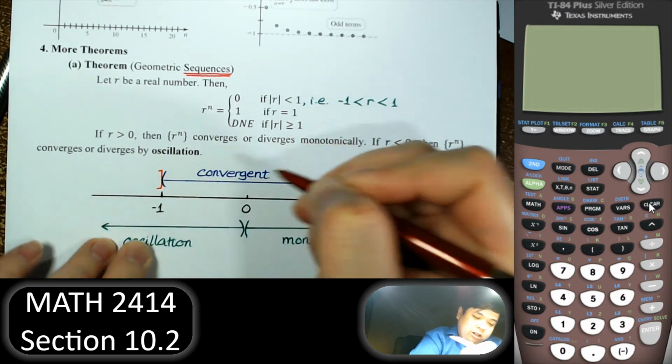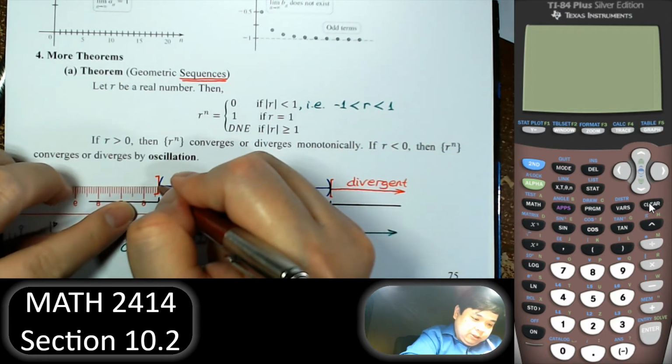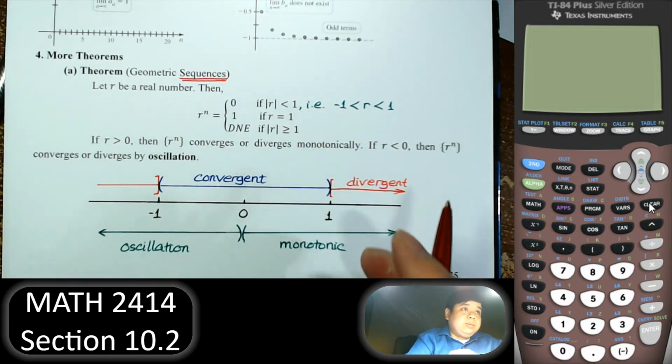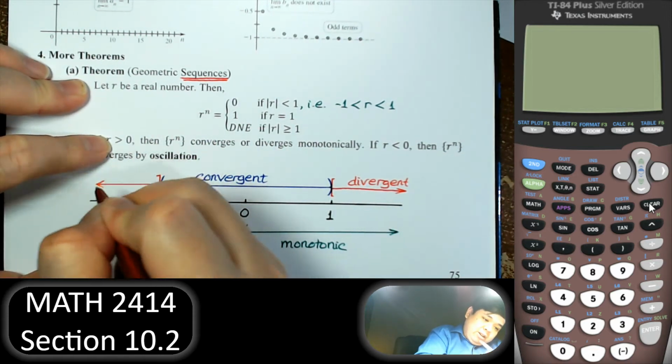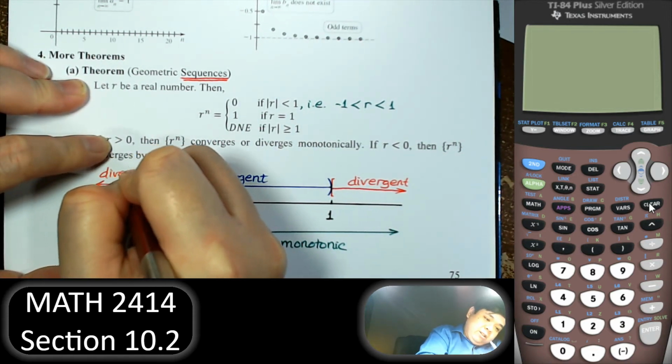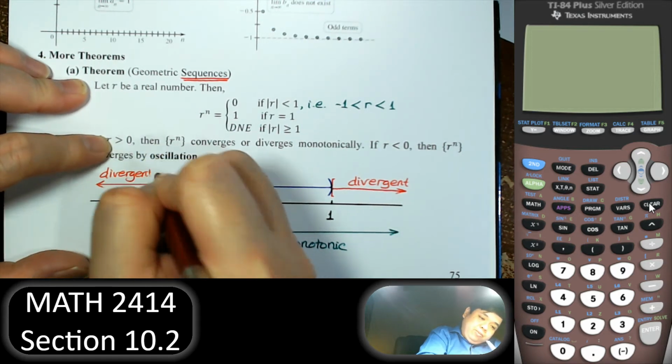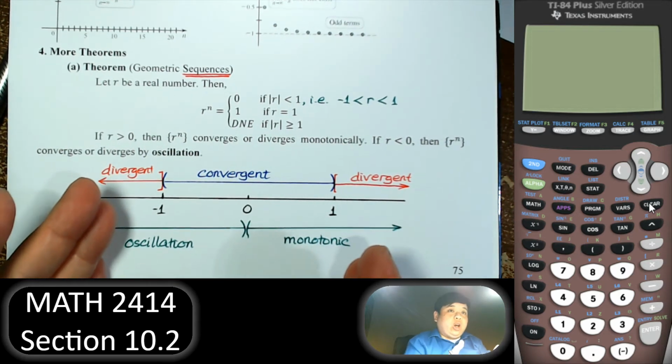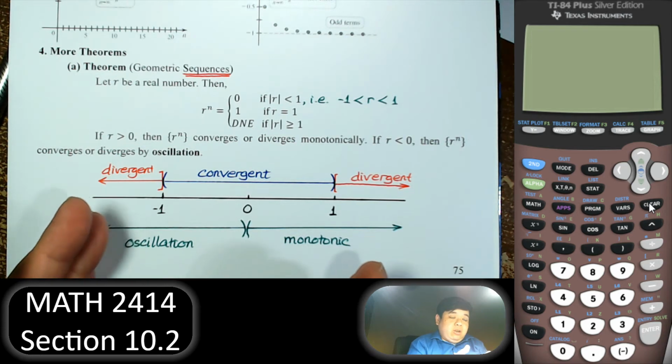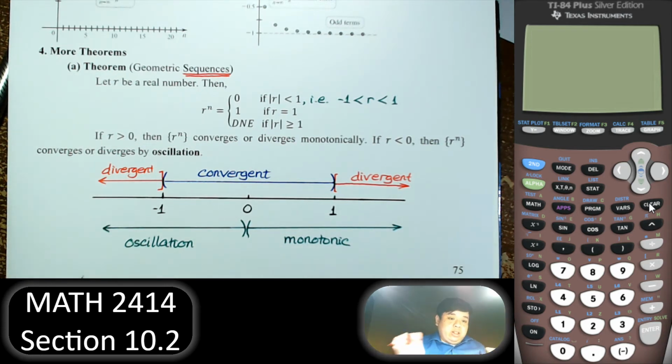Including -1 is also divergent. Between -1 and 1, not inclusively, is convergent. On the outside, divergent, including the 1 and -1.